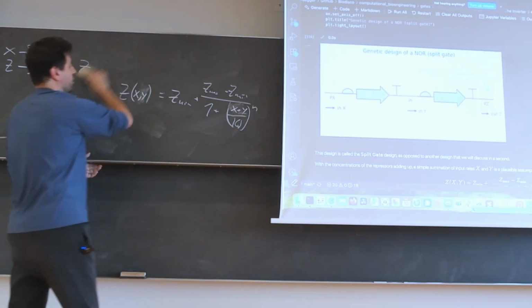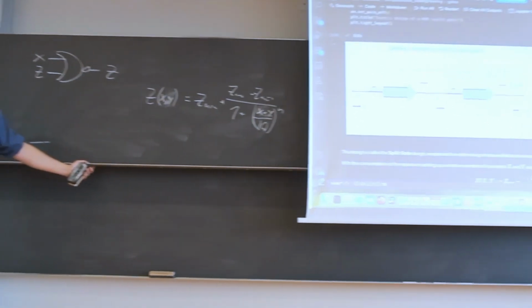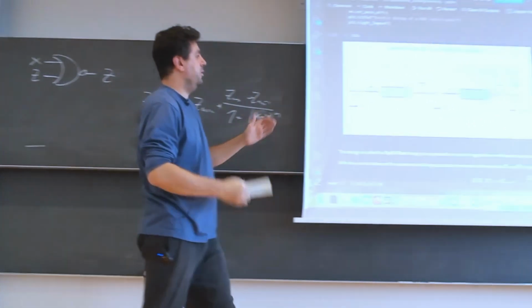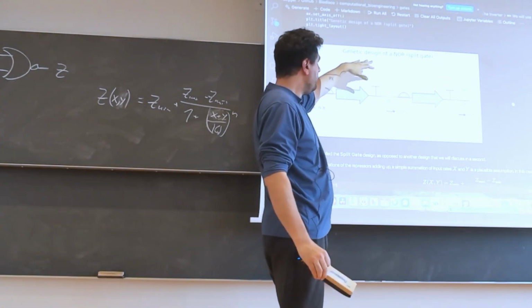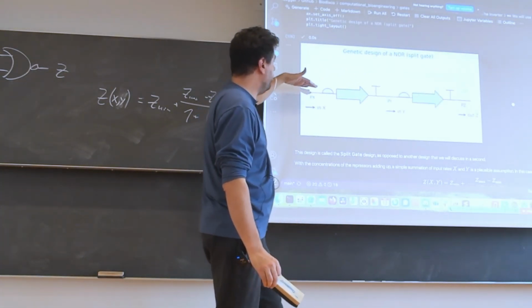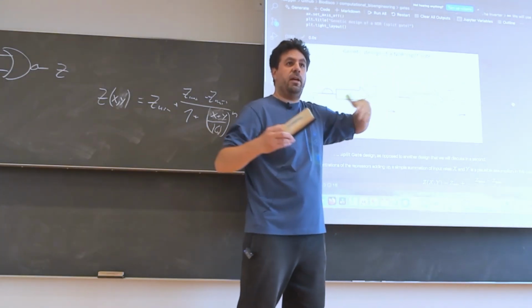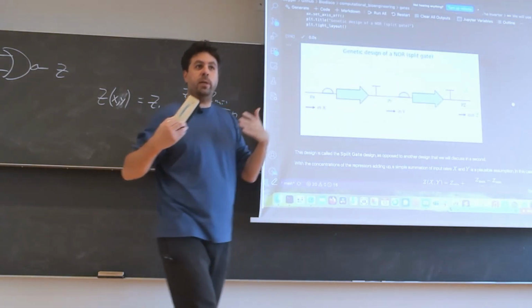And you can figure out why we can add that. The essential idea is that we are using RNA polymerases from this side and RNA polymerases from this side to have a combined, assuming an additive effect.